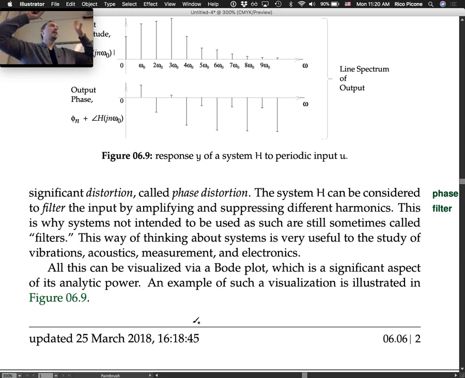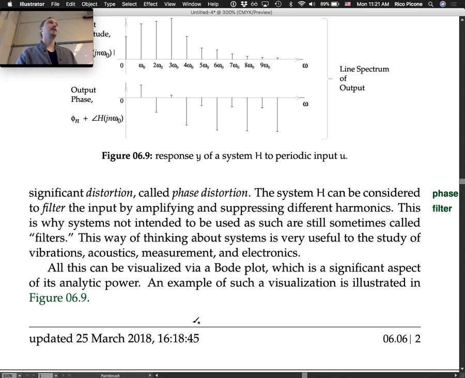So when it comes out, it's going to be distorted, right? It'll be a copy of itself if the system doesn't do much to it. It'll just be a copy of itself maybe that's scaled, but most of the time you're only going to scale certain frequencies and you're going to change certain phases, and then what comes out can be a garbled mess compared to what went in.